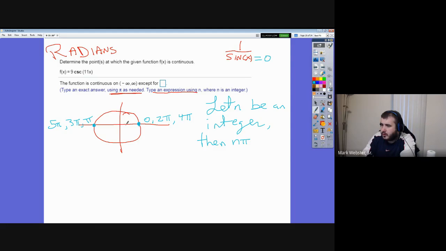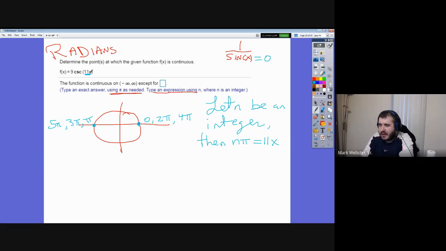And now we have to look, because that's where sine is 0, but on the inside it's an 11 here. So we know that n pi is all the solutions that make sine 0 that we're trying to kick out.